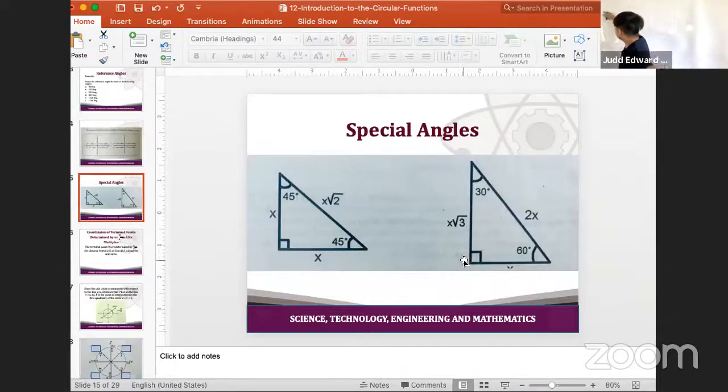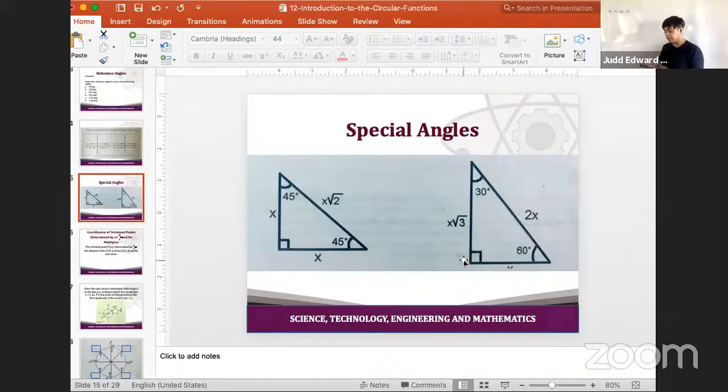Ano yung mga 30, example? 60, 90. This is special triangle. Do we call this special triangle, di ba? The 30, 60, 90. Okay, but the special angles are 30, 45, 60. So, isama na din natin ngayon si 90. Okay, these are special angles.